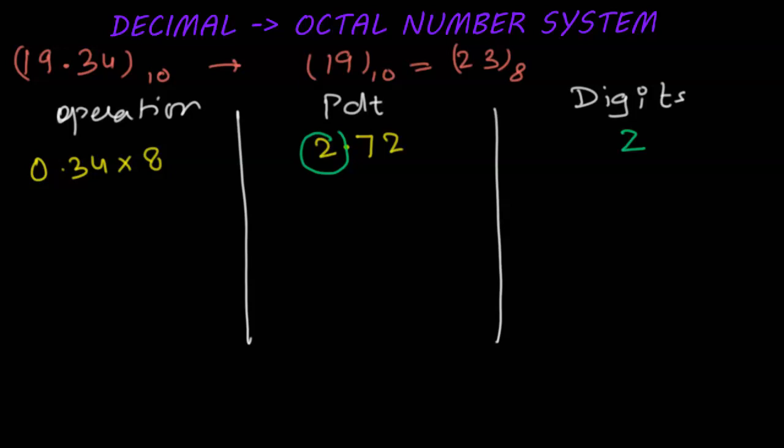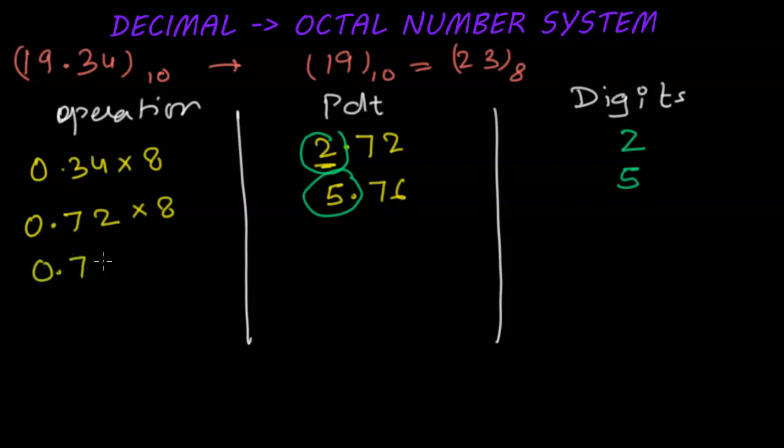Then again, we will do the next operation. But in the next operation, we're going to omit the 2 digit that we took. So we are only left with 0.72 into 8. This is again 5.76. So now again, we will note 5. So my 5 goes over here. And what is remaining is 0.76.